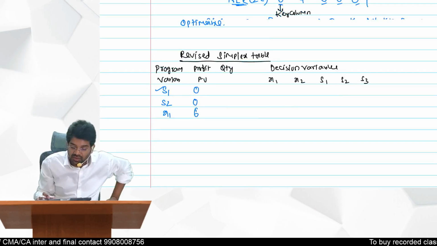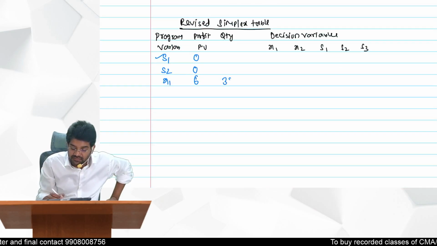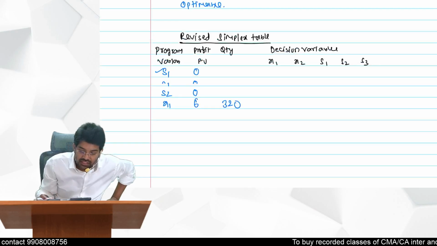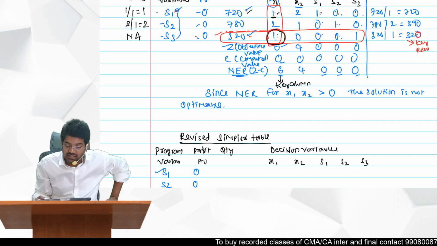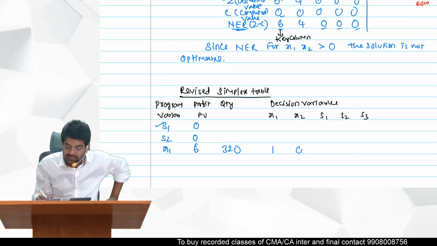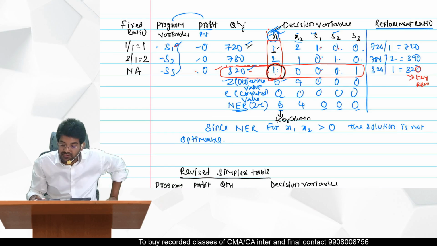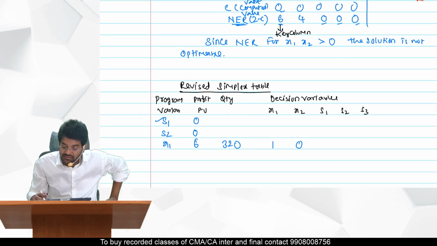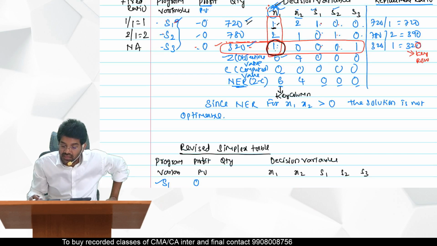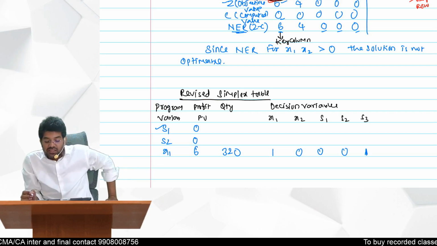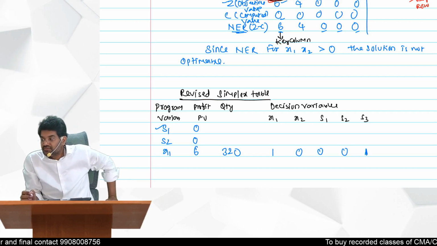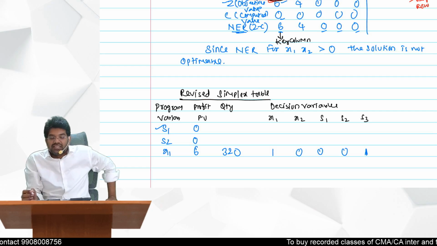So 320 by 1 will get 320 only. X1: 1 by 1 we are getting 1. Then 0 by 1, 0. 0 by 1, 0. 1 by 1, not 0, 1. So we are getting updated now 1 0 0 1. This is our key row now, the revised key row.